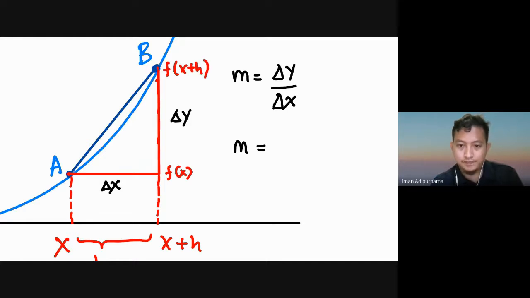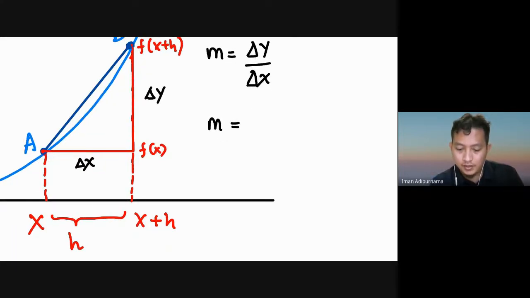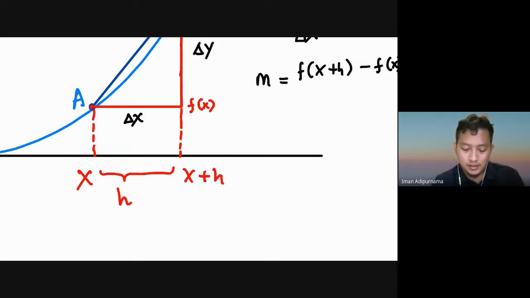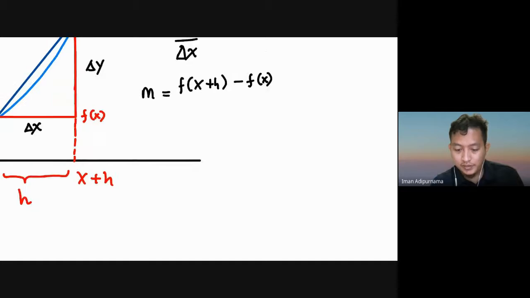Okay, so this is f of x plus h minus f of x. Okay? And the delta x here, x plus h minus x, is just h, right? Okay, so I will just write h.